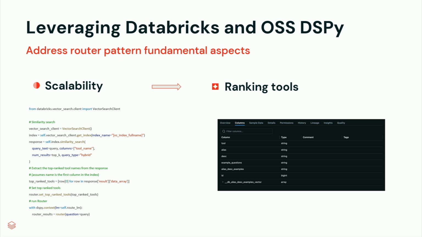You need to create a table that has all the tools, the descriptions of the tools, examples for the tools, and have a column that has all these combined, and you index that column. Again, as I mentioned, vector search is built for billions of records, so if you have tens or hundreds of records, that's little data. Processing this pre-step takes minutes. It's very fast, but you do need to do it.